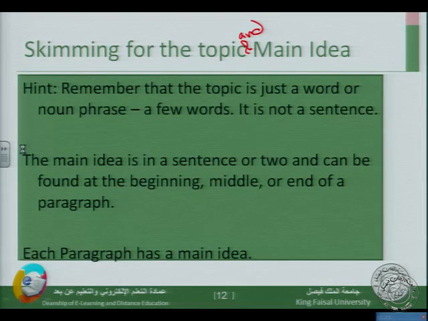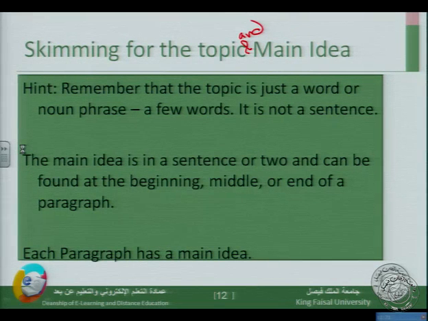The main idea means the author's point of view on this topic. Again, the topic means what the paragraph, the essay, the passage is about. So, you can say it's about smoking. You can say it's about education. The paragraph might be about computers or technology or e-learning education.